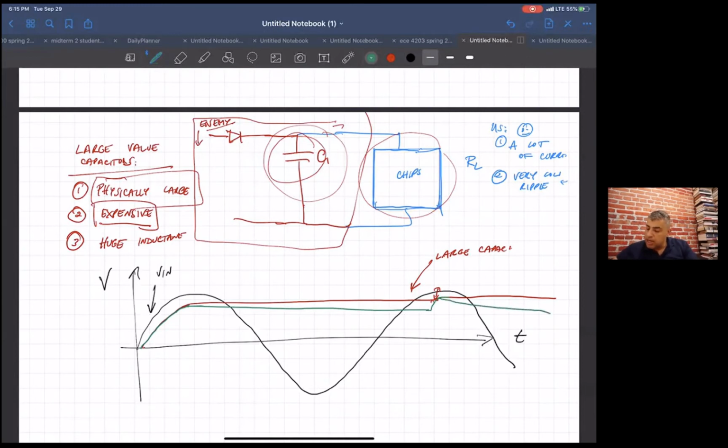So if this is V_R for the large cap, this green V_R is going to be for a smaller cap.